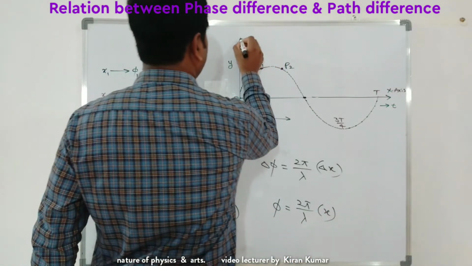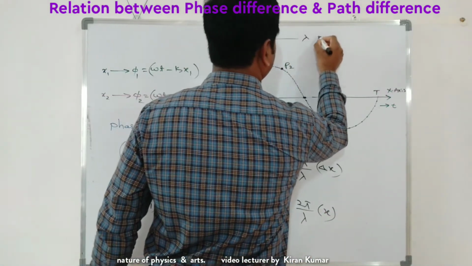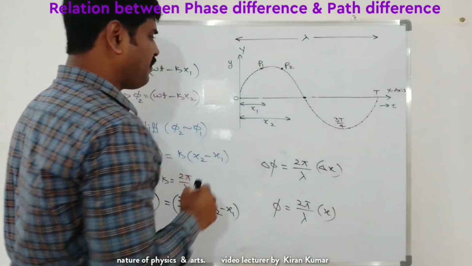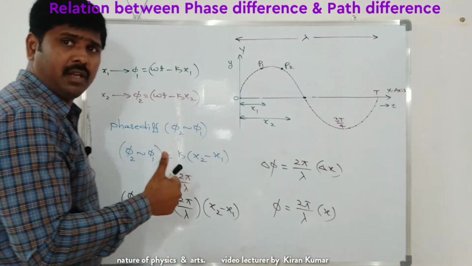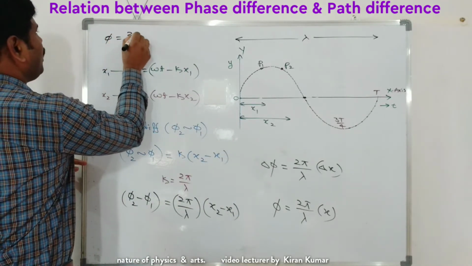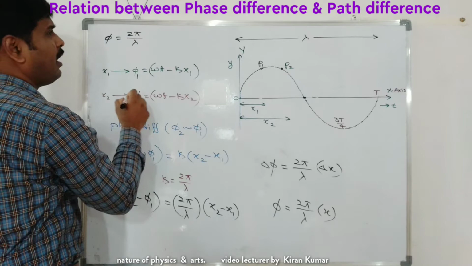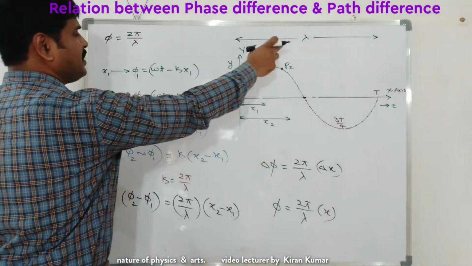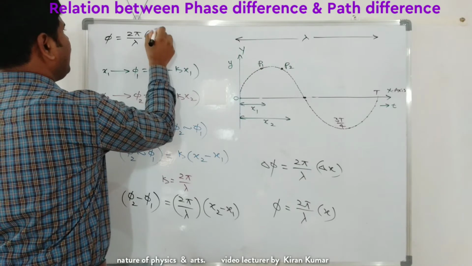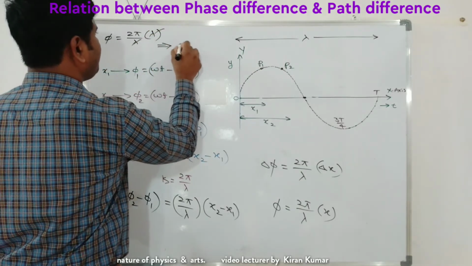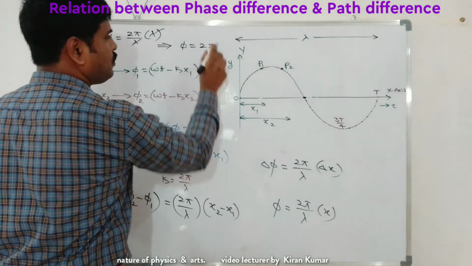This is the wavelength lambda between two successive particles, and the corresponding phase difference is how much? For this, phi is equal to 2 pi by lambda into the path difference x, which is equal to lambda. Lambda gets cancelled. Here we will get phi is equal to 2 pi.